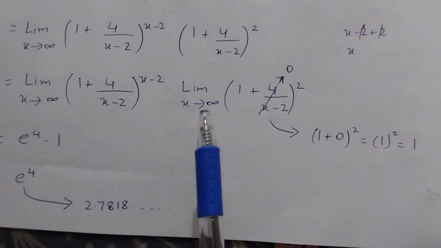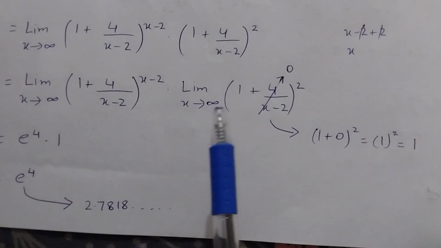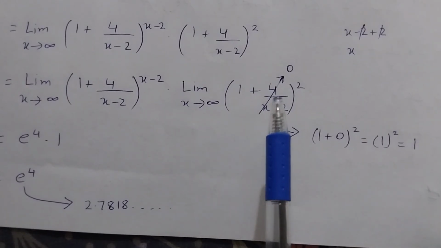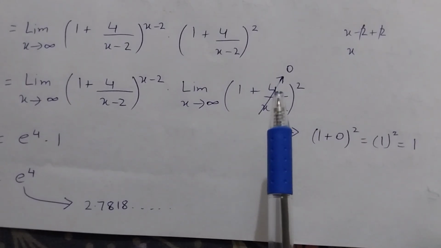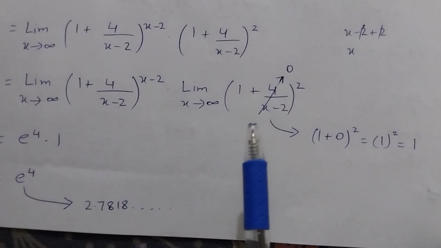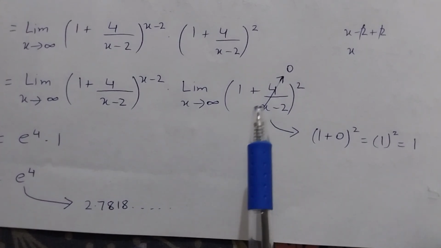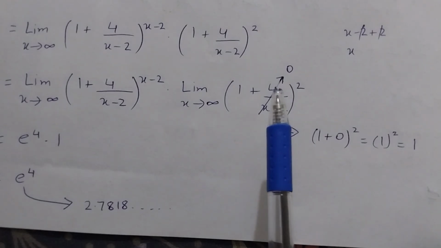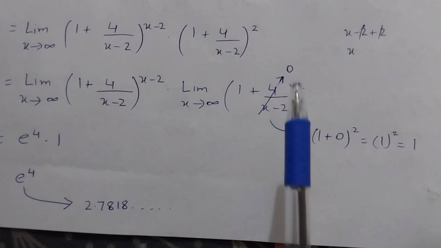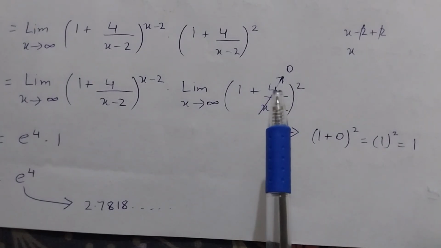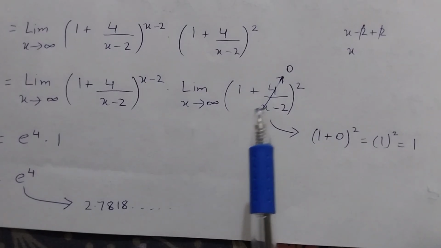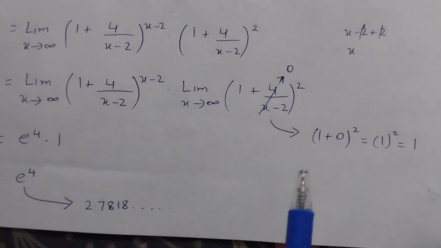So here we have x only in this term. x is approaching infinity, meaning x is a very large positive number, or is getting very large. So subtracting 2 from it won't make any difference. So this will be a very large number, and 4 divided by a very large positive number approaches 0. So 1 plus 0 is 1, and 1 squared is simply 1.